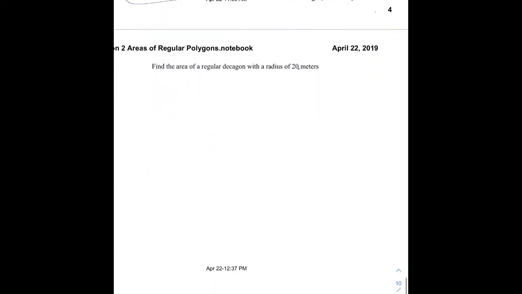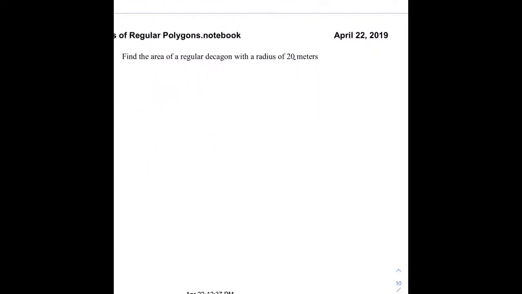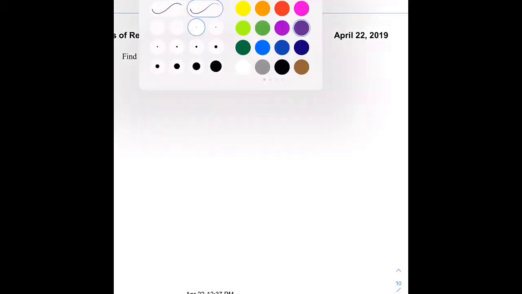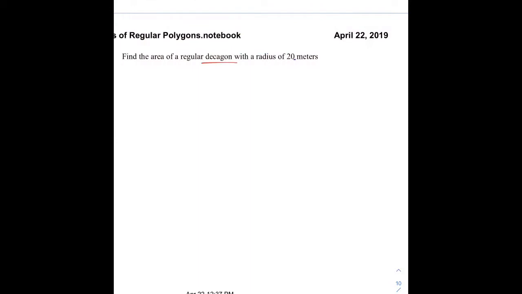And for our last example, find the area of a regular decagon with a radius of 20 meters. You have to recognize that a decagon means that it is a 10-sided figure. And I don't know that I would draw that real well, but I don't know that I need a drawing. What I know is that I've got some type of really large 10-sided figure. I'm going to draw its center. I'm going to draw its triangle where each of the radii are 20.